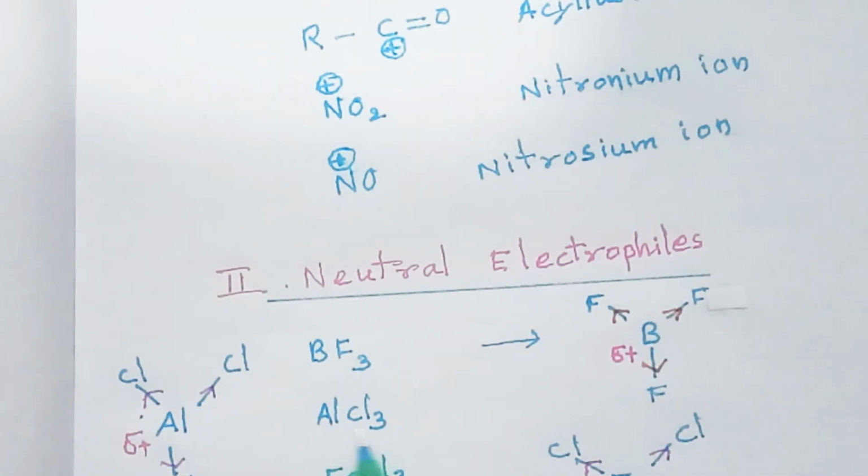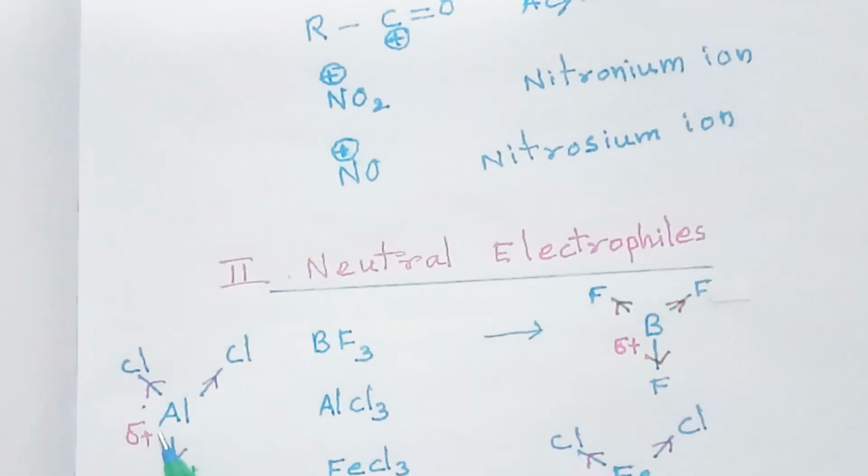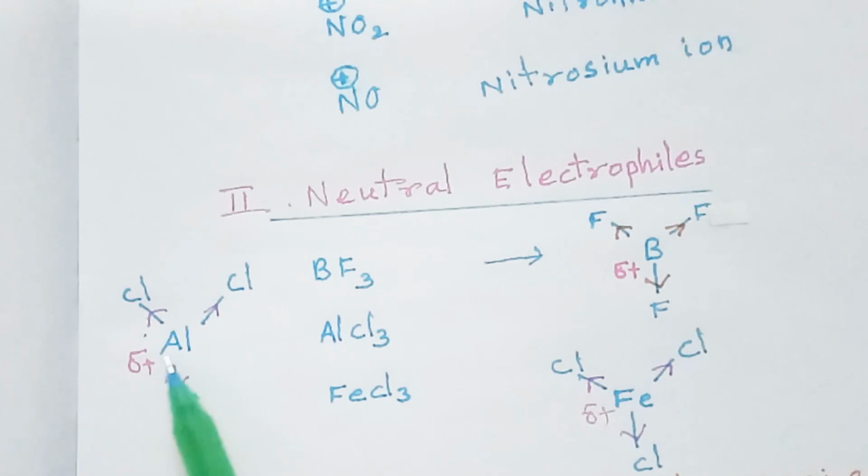Similarly, in AlCl3, the halogen atoms, that is chlorine atoms, being more electronegative, pull the electrons towards themselves. As a result, Al becomes partially positive, so this becomes an electrophile. Similarly, in FeCl3, the chlorine atoms, being more electronegative, pull the electrons towards themselves.